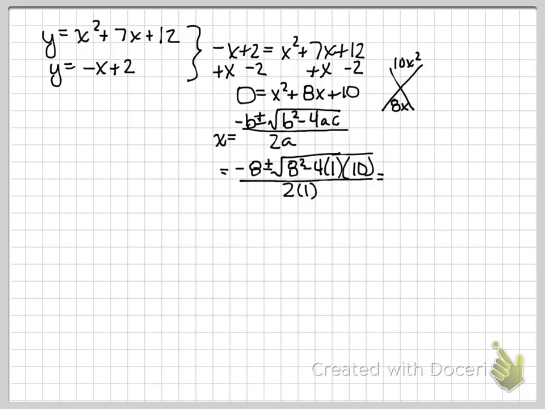And that equals negative 8 plus or minus the square root of 64 minus 4 times 1 is 4, times 10 is 40, all over 2.